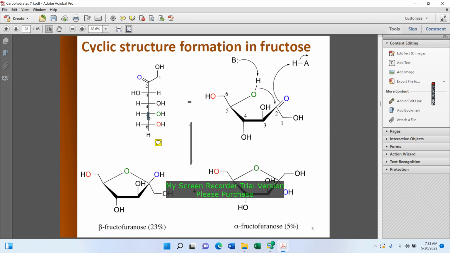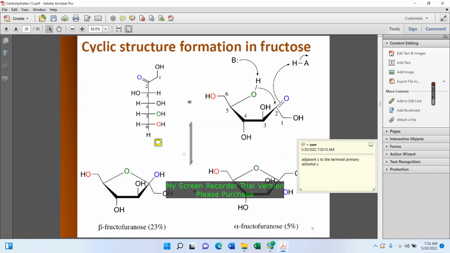So here you can see that this fifth carbon is the carbon adjacent to the terminal primary alcohol carbon. So the oxygen attached to it, the lone pairs of that oxygen.